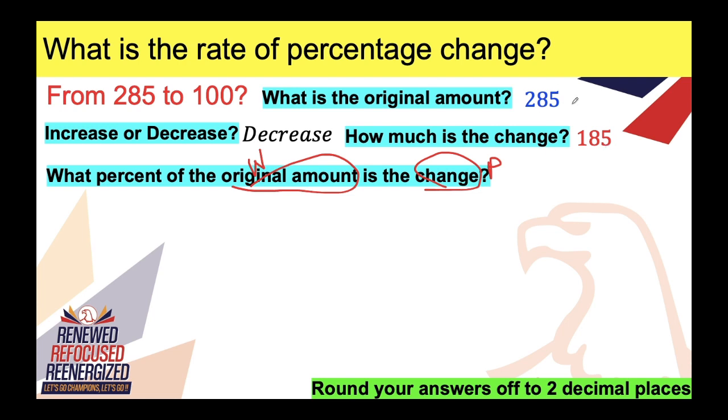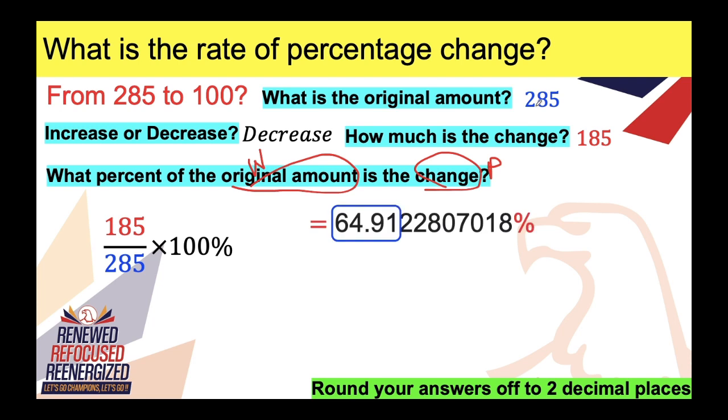If you have studied the previous video, then you would know that the part becomes our numerator and the whole becomes our denominator. So we can write it as a fraction times 100%. Using your calculator, you will get this amount, which when rounded off to 2 decimal places gives you this percentage. All right, and that is how to find the rate of percentage change. So we say a decrease, because it's a percentage decrease, of 64.91%.